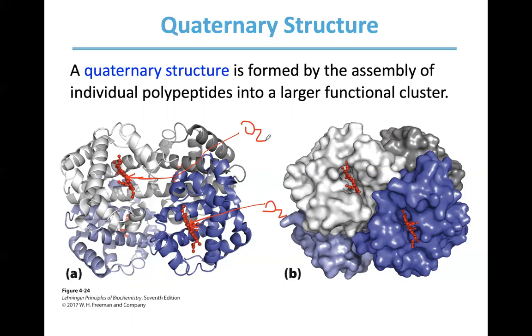And so hemoglobin represents a quaternary structure. And remember, quaternary structure is the structure of a multi-subunit protein.